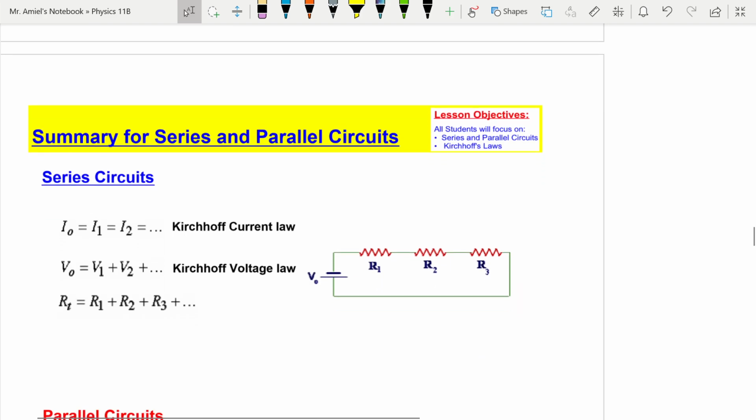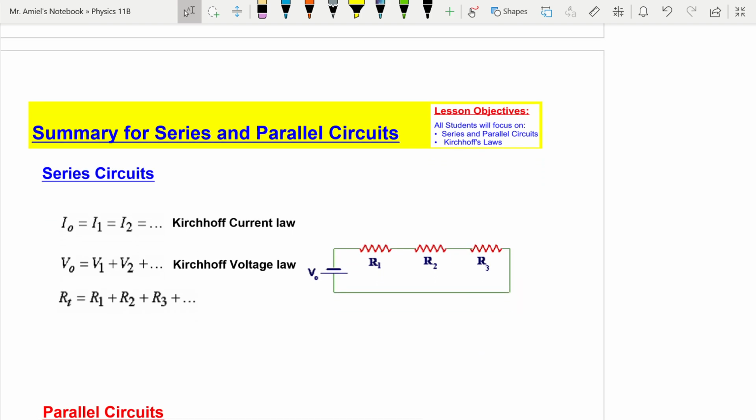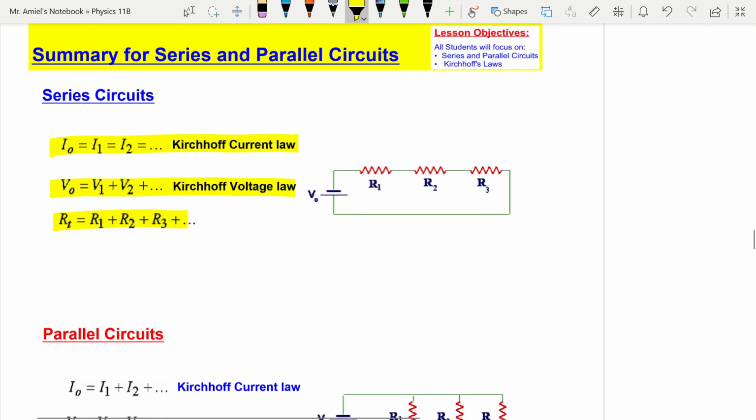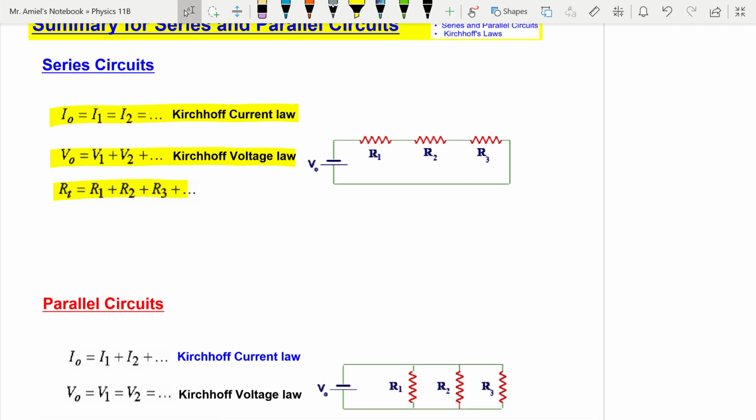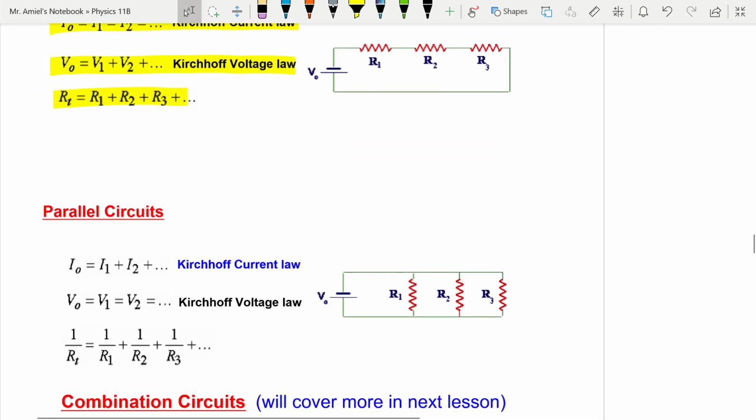Okay, so in summary, if we're talking about series circuits, we've got Kirchhoff's current law, which is conservation of charge, and in a series circuit we've got our voltage law, using conservation of energy. And we saw how, from those two things, we can come up with an expression for our total resistance.